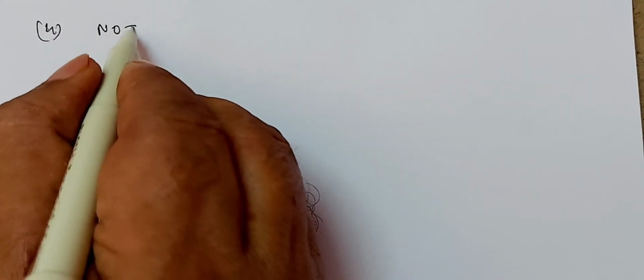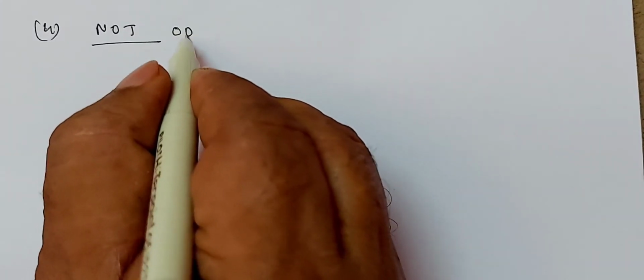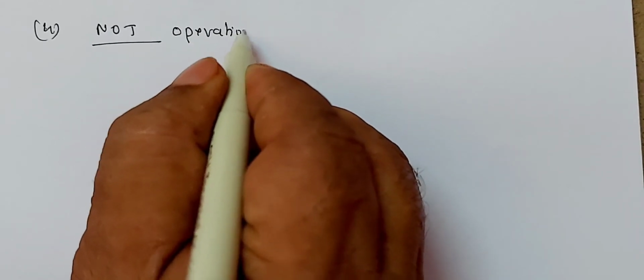The next, fourth logic operation, let us consider NOT. What do you mean by a NOT gate?